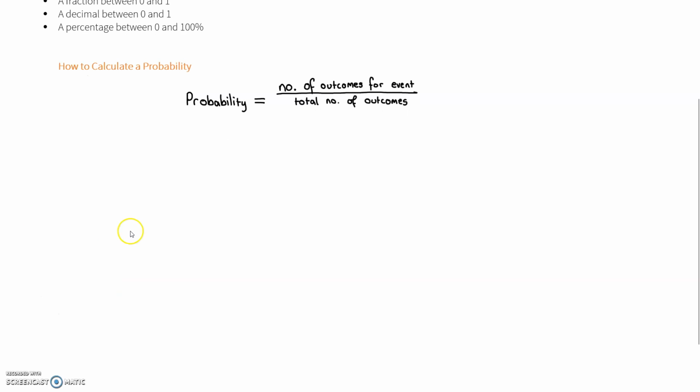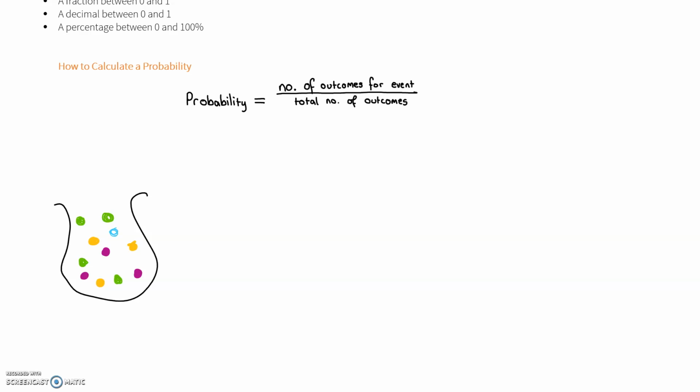So if I've got a bag of marbles, okay, and let's just chuck a few in here. So let's say we've got 1, 2, 3, 4 green marbles, and we've got 3 yellow marbles, and we've got 3 purple marbles, and we've got 2 blue marbles, let's say.